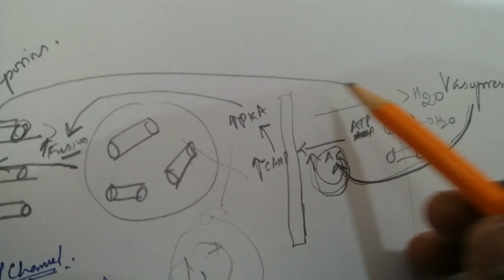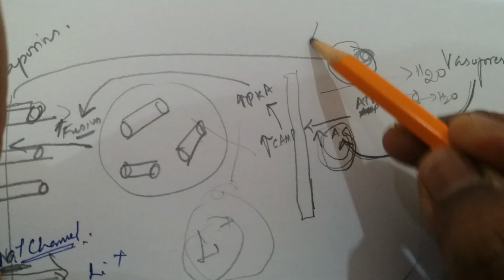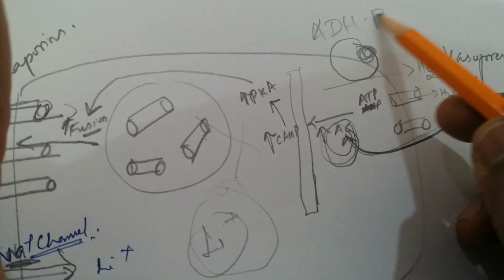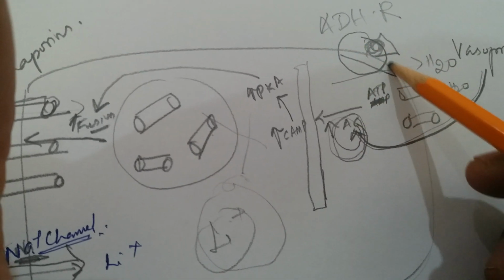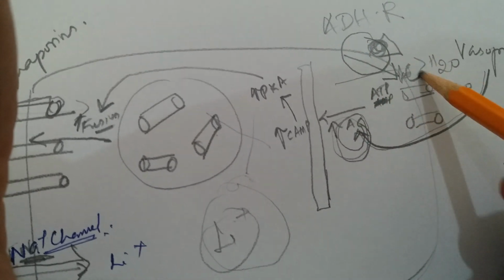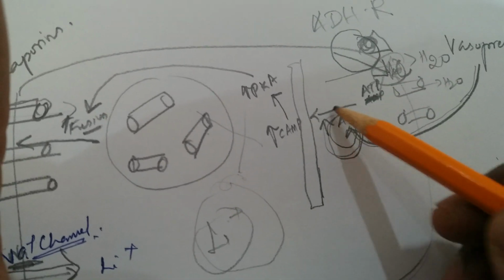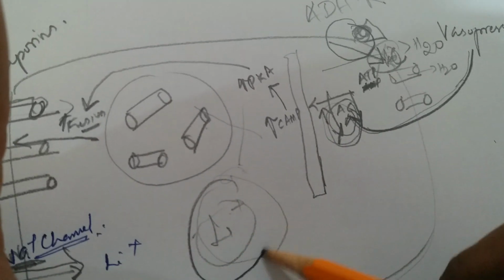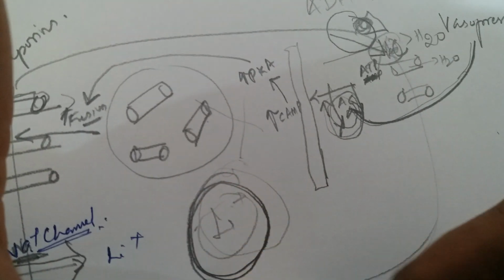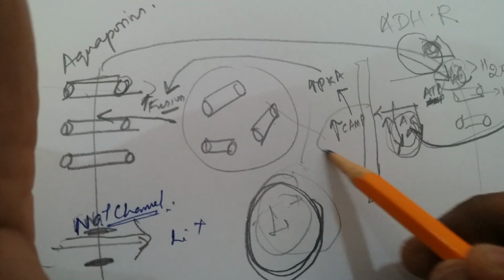So even if the antidiuretic hormone acts on the antidiuretic hormone receptor and tries to activate adenylyl cyclase, the adenylyl cyclase does not get activated since it is being inhibited by the cytotoxic action of the lithium ion. As a result, there is depletion in cAMP.